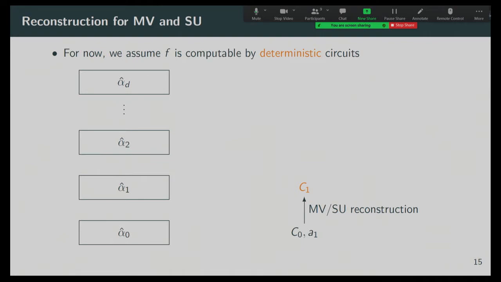The problem now is that this is a non-deterministic circuit, so it's harder to evaluate it, right? But we only care about obtaining an Arthur-Merlin protocol, so the obvious thing to do here is to use Merlin's help. Right? And this turns out to work, right?